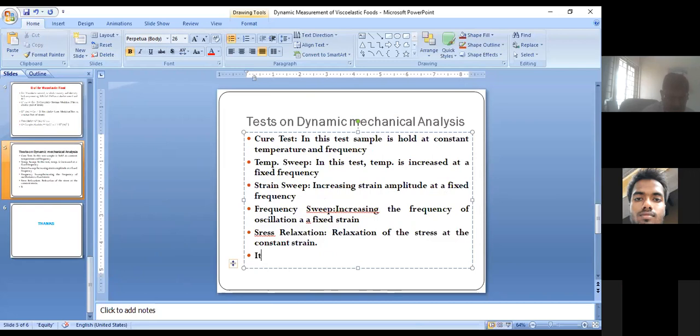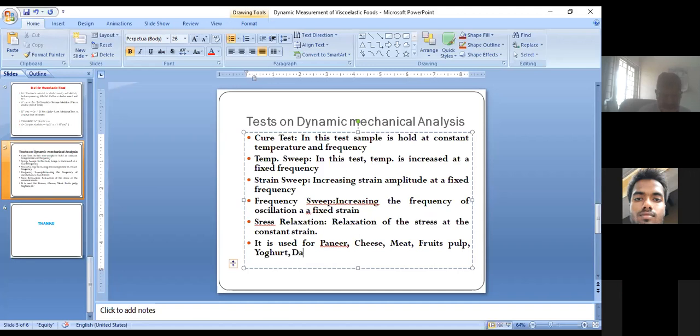It is used for paneer, cheese, meat, fruits, yogurt, dahi, meat paste, fish paste, etc. Vegetables.